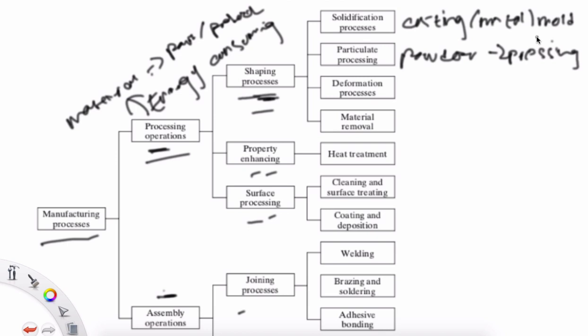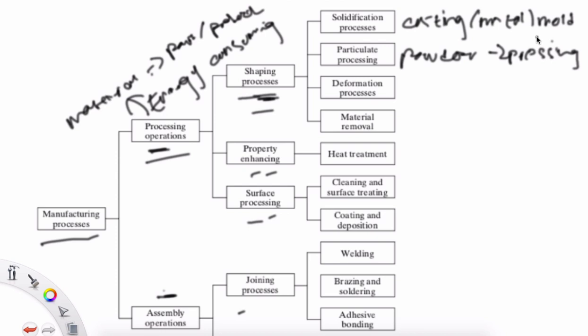What for? It will increase the strength. The part is then sintered, heated to a temperature below the melting point, which causes individual particles to bond together. Both metal, for powder metallurgy, and ceramics or clay products can be formed by particulate processes.